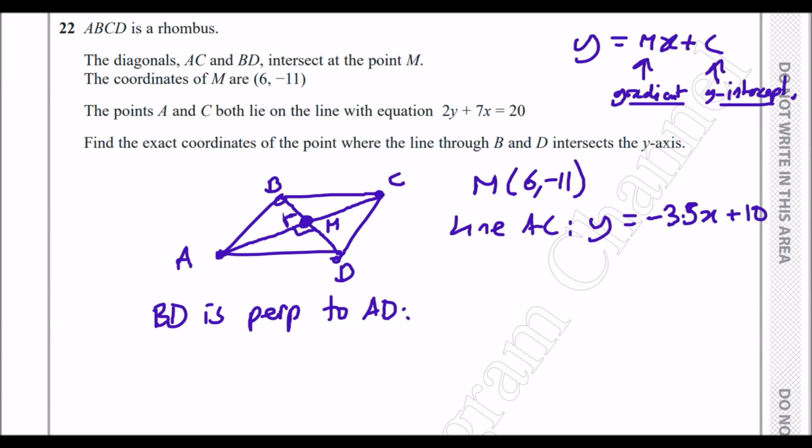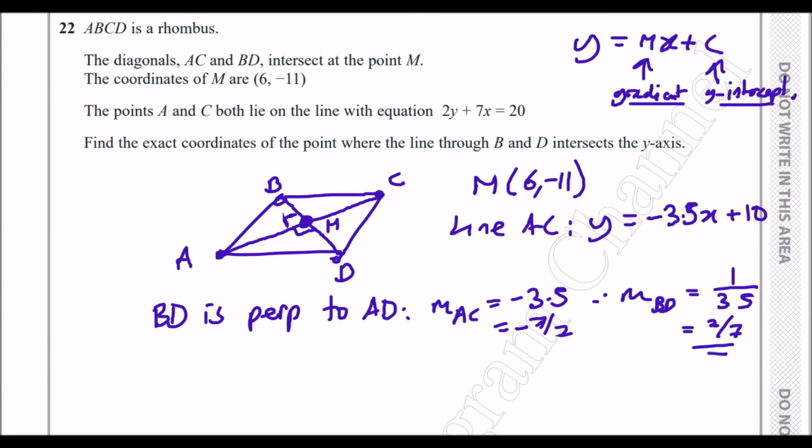The gradient of AC was minus 3.5, therefore the gradient of the line BD is 1 over positive 3.5. And if you don't like the way that's written, 1 over 3.5 is actually 2 over 7. So the gradient of BD is 2 over 7.